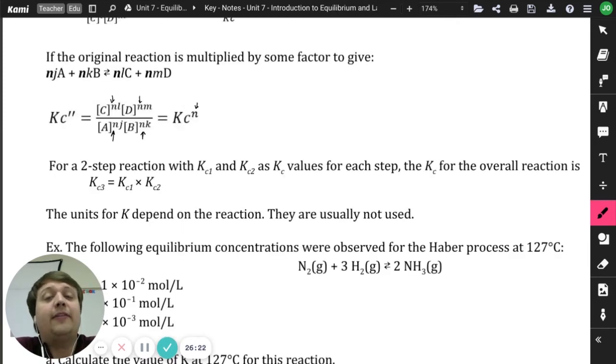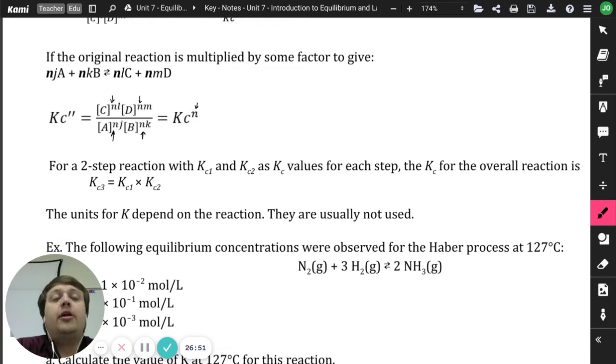So let's say I've got a two-step reaction. Let's say I've got the Kc of the first reaction, and the Kc of the second step. The overall Kc value, the Kc of the total, is going to equal those two original steps multiplied together, so the Kc of step 1 times the Kc of step 2.